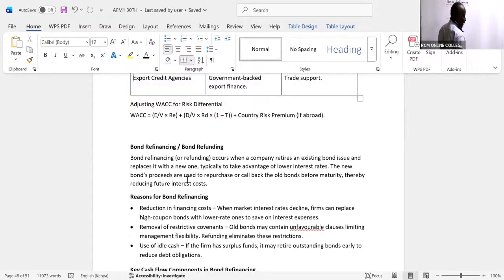I will be able to read very slowly in a way that you'll be able to follow. It has been updated. So bond refinancing or refunding occurs when a company retires an existing bond issue and replaces it with a new one, typically to take advantage of lower interest rates.